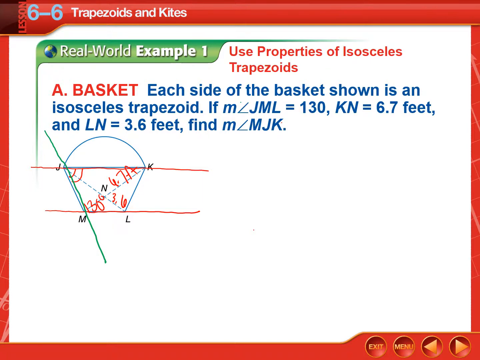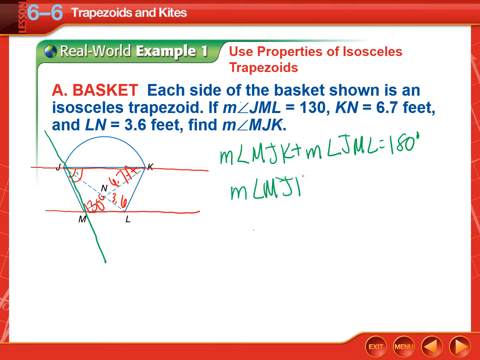Hopefully you remember from a previous section, if you have a transversal crossing parallel lines, the consecutive angles are going to be supplementary. And notice that the measure of angle MJK plus the measure of angle JML is going to be 180 degrees because those are consecutive interior angles. Now we know that JML is 130. So using substitution, the measure of MJK is going to be 50 degrees.